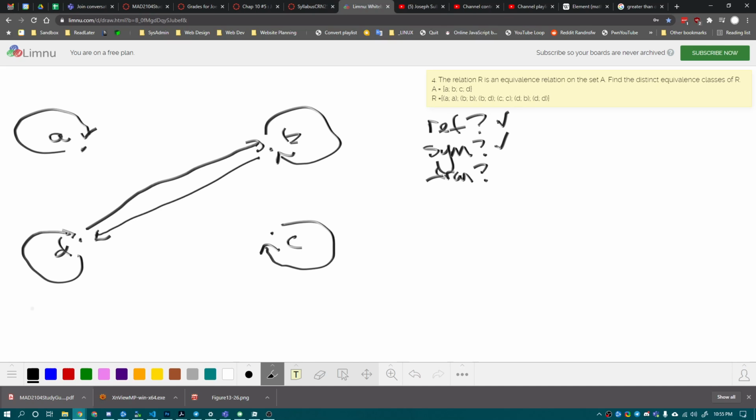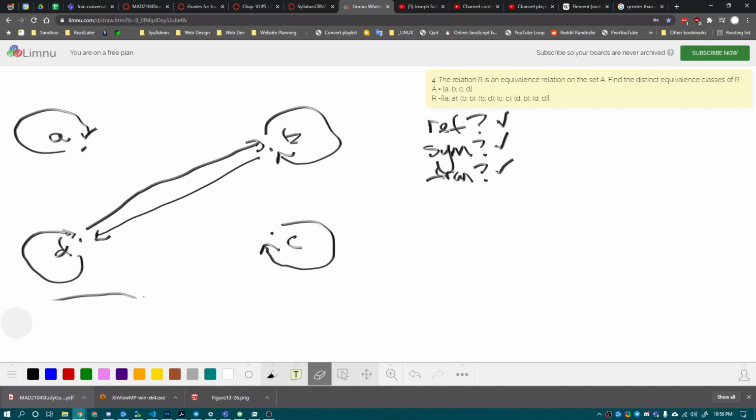For instance, B maps to B and B maps to D. So we're asking the question, does B map to D? Well, sure it does, because that's what this point is doing. Okay? So again, just as extra practice, I'm pointing out that this is in fact an equivalence relation because it is reflexive, symmetric, and transitive.